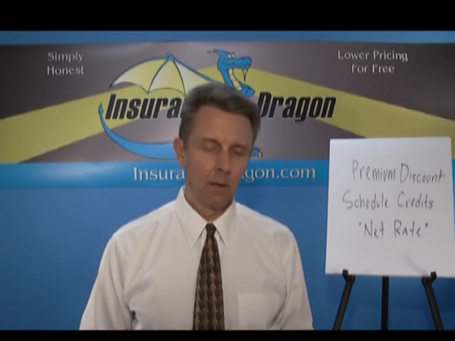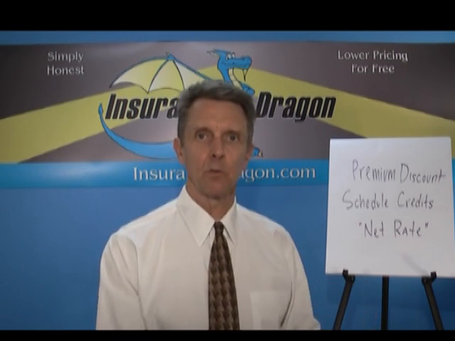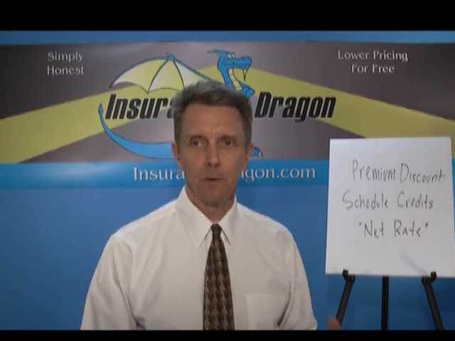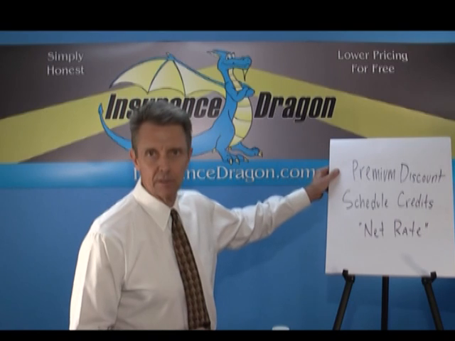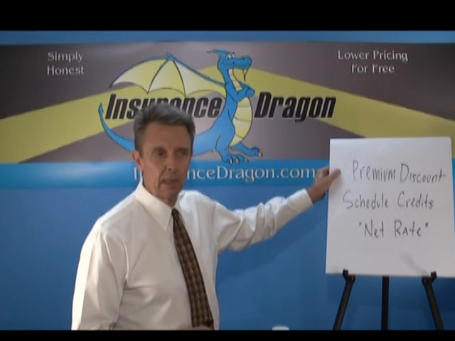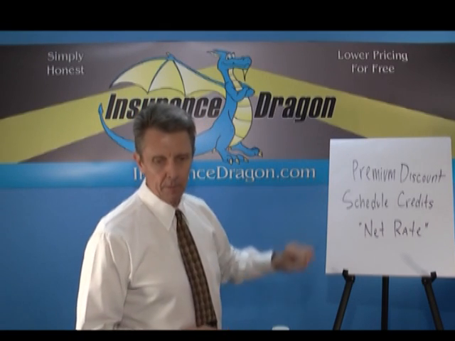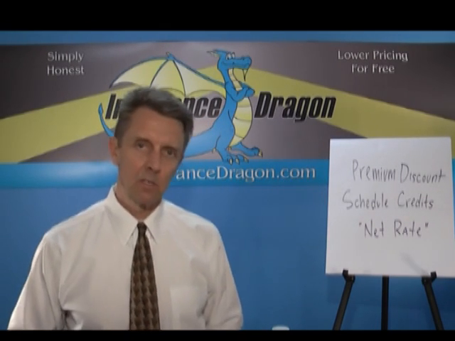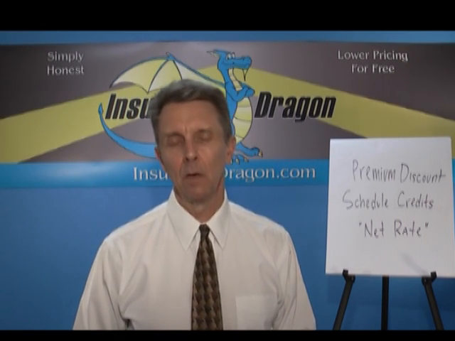If you have, obviously, 10 accounts paying $10,000 and an insurance company has to administrate those accounts, that is less efficient than one account paying $100,000. So there's a premium discount factor that is applied that reflects the fact that there is efficiency as you write larger accounts. Typically the premium discount is about 10%. It varies by insurance company, but typically it's about 10%, and it doesn't apply to the first $10,000 of premium.